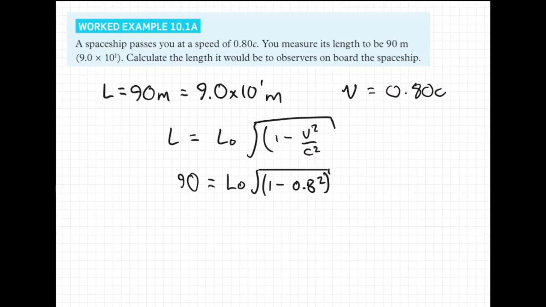We can see that we're going to solve for L0 here, so we need to rearrange this formula by dividing both sides by the square root of 1 minus 0.8 squared. Let's do that. We do it for both sides, square root of 1 minus 0.8 squared. Okay.